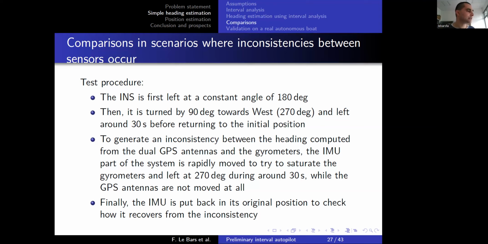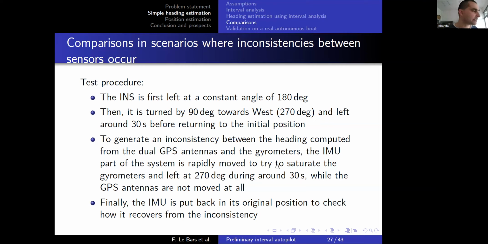So there should be an inconsistency. The GPS antennas are still towards the south, while the magnetometer is turned towards the west. Then we go back to the initial position and see if the system is able to recover after some time from this inconsistency.